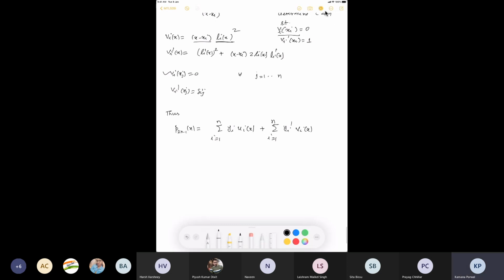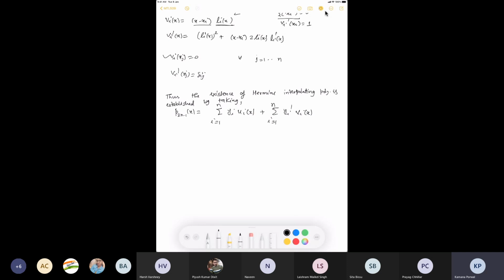So what we have established is thus the existence of the Hermite interpolating polynomial, by taking p2n minus 1 as this, right?